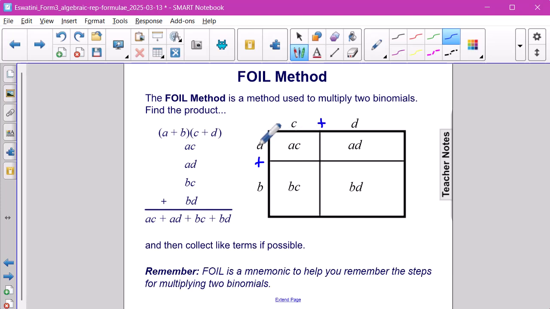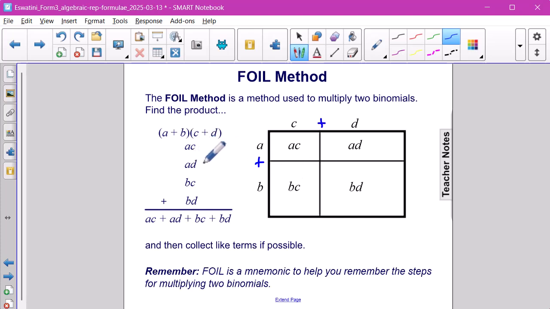And when we multiply to get each rectangle area, we have a times c, so that's how we get ac. We would have a times d for this rectangle. We would have b times c for this rectangle. And we would have b times d for this bottom rectangle.